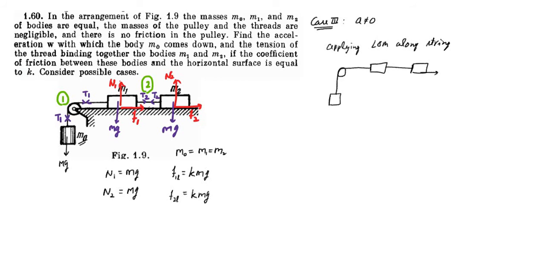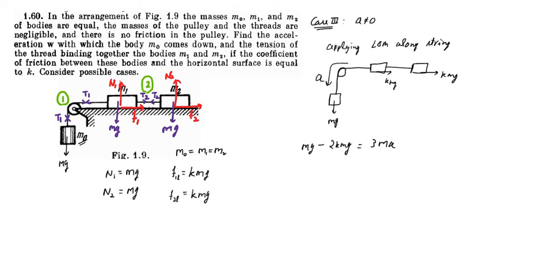This is the free body diagram. Here we will have only two opposing forces, that is k into mg and k into mg, and the only force supporting the motion is mg. So acceleration will be along this direction. This is equal to a. Now we will have mg minus 2kmg is equal to the total mass of the system, 3m, into a.